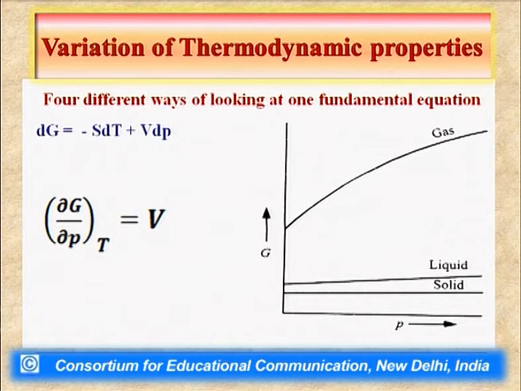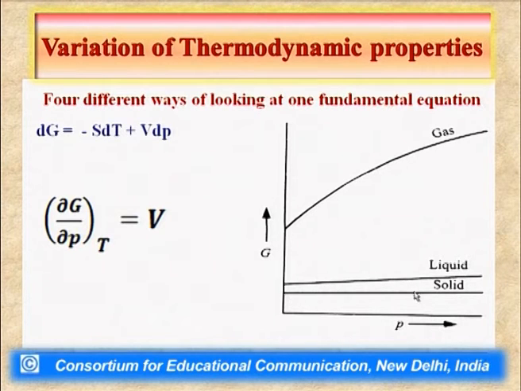As a result, you can see the change in Gibbs free energy is much more in the gas phase, as you could see from this exponential graph here. The Gibbs free energy of the gas system increases continuously, with a very sharp increase, and then thereafter it undergoes saturation at some point later. Coming to the liquid phase, the Gibbs free energy increases linearly, but only to a small extent.